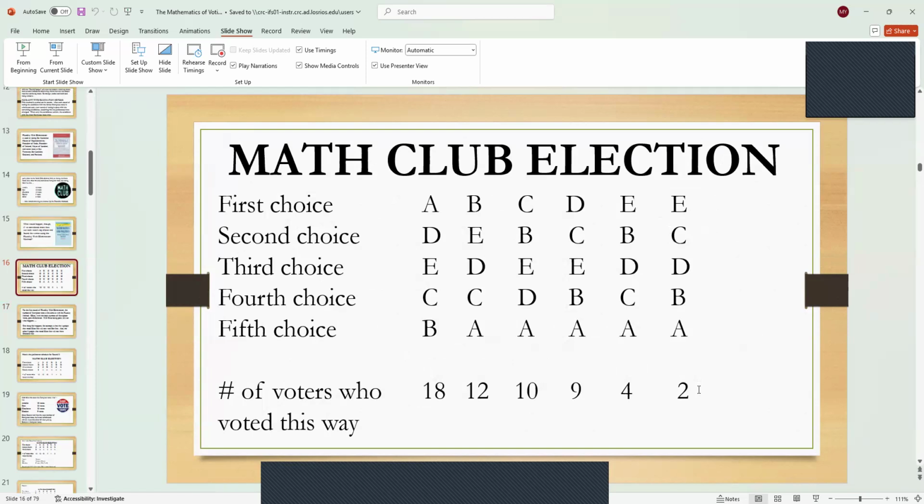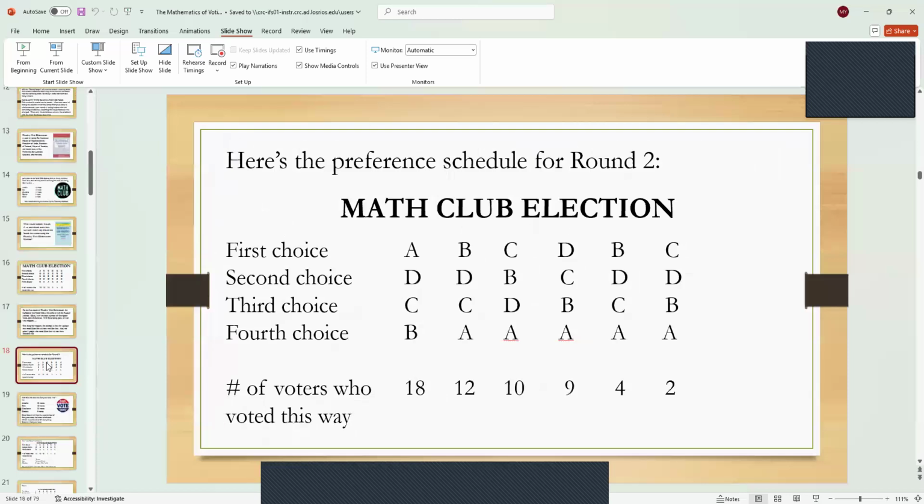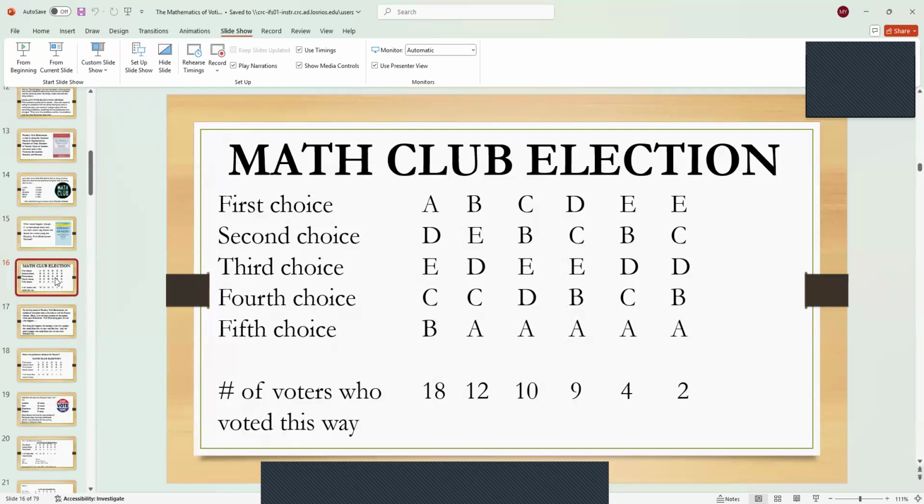So again, imagine taking this table, erasing all the E's and pushing everyone up into 4 lines instead of 5. That's what we're doing when we're eliminating Elliot. And this is what it looks like if we do that. I'm going to go back and forth a little bit because I think this is really important that you understand how to make these tables. Here's the original preference schedule.